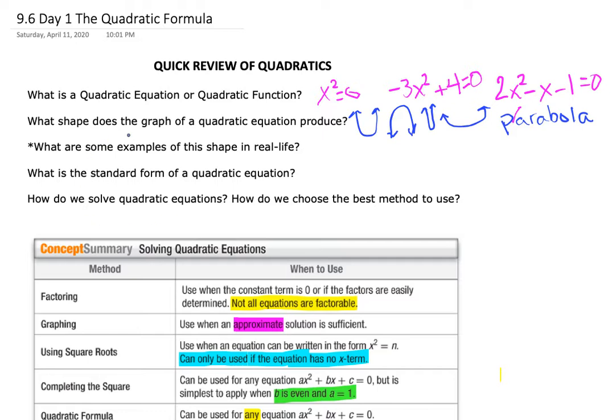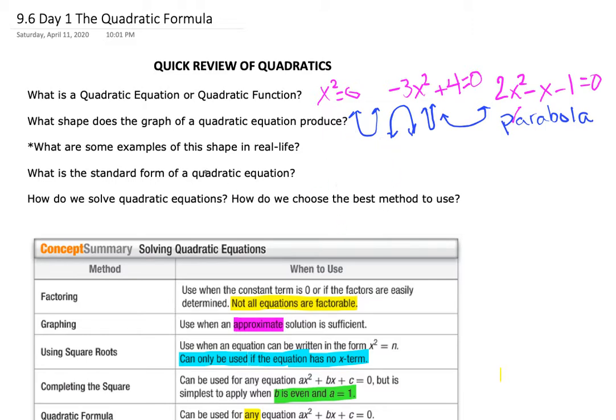This next question is, what are some examples of this shape, this parabola, in real life? And usually I have a pretty decent discussion on this in class, but since you're not in person, I don't get instant feedback. Some of the examples some people have said are a fish jumping out of water, which kind of makes a parabola shape, a banana, a satellite dish, a rainbow, bridges, anything that has that curved shape.